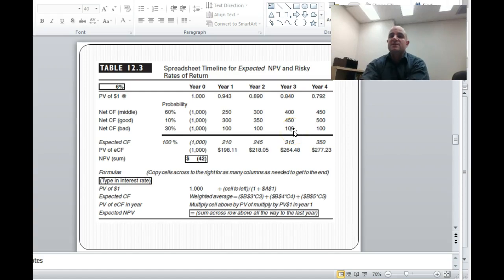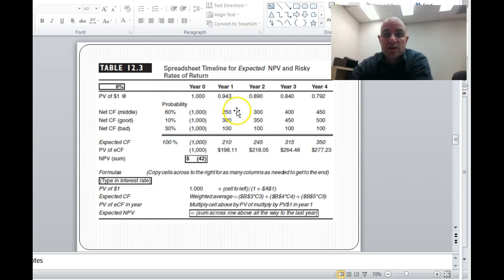But in reality, things could either be better than expected or worse than expected. You could have the good case where you do better and make more money, or the bad case where you make less. And so you have to figure out the probabilities and expectations based off of this.